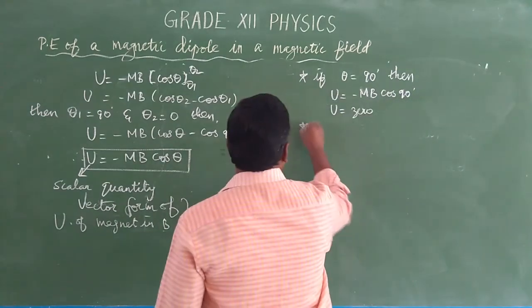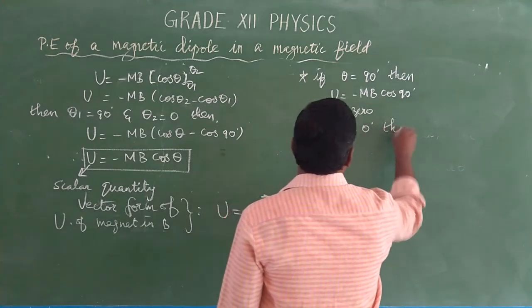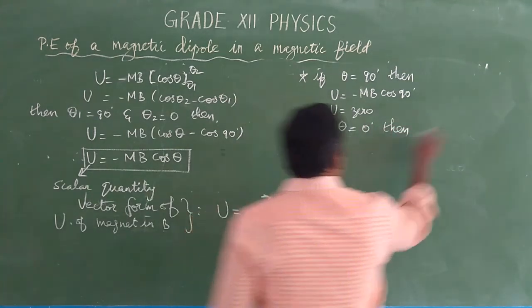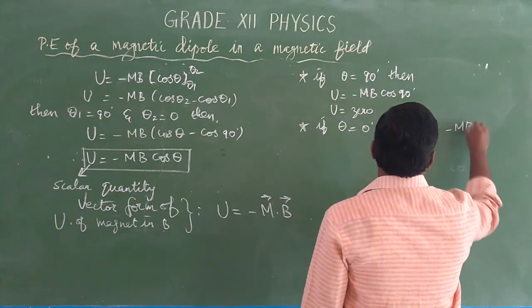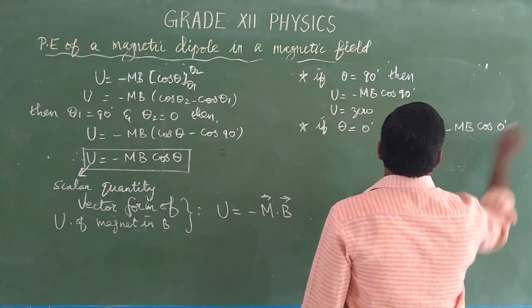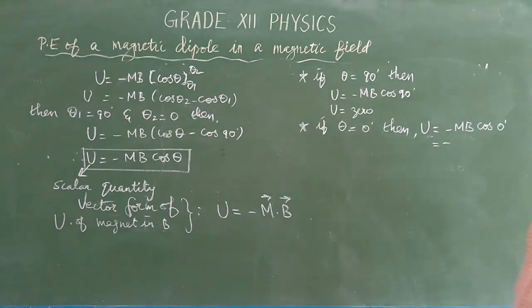Suppose theta is equal to 0 degree, then the potential energy is minus mb into cos 0 degree. Cos 0 degree is sin 90, which is 1.